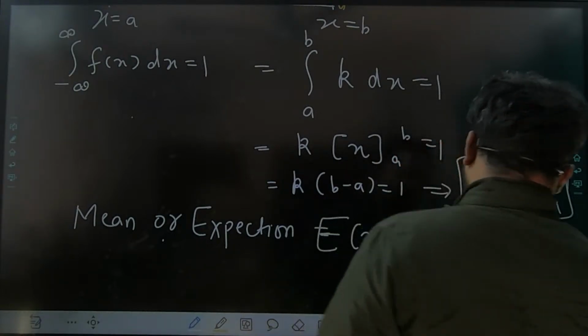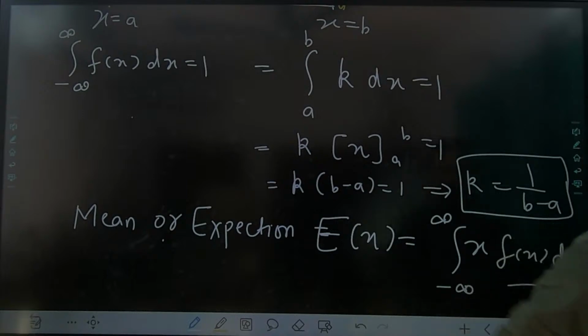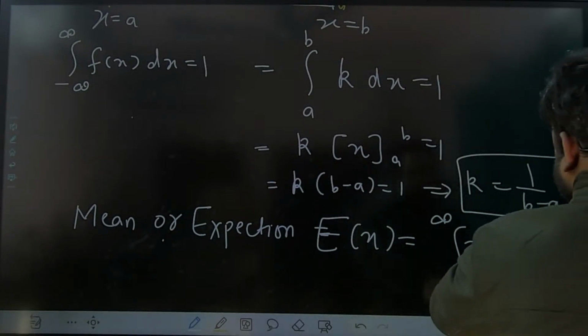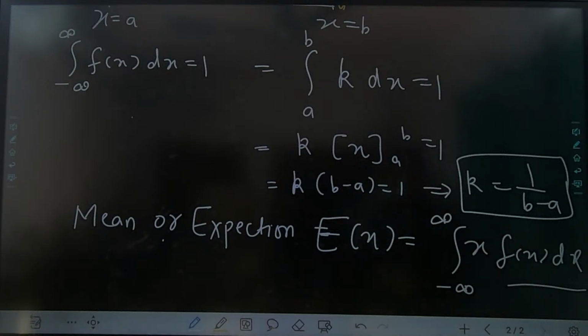For any continuous variable, mean or expectation is like this. You just have to put f of x over here, multiply with x, then integrate with respect to x, keeping the limit from a to b.